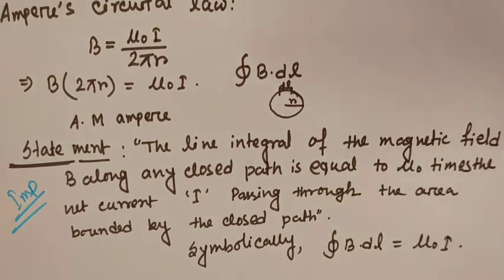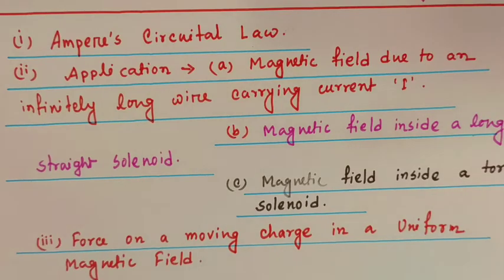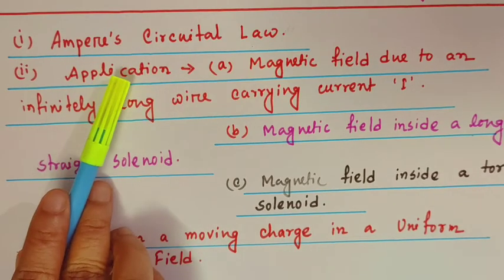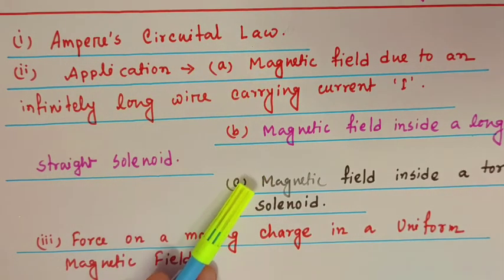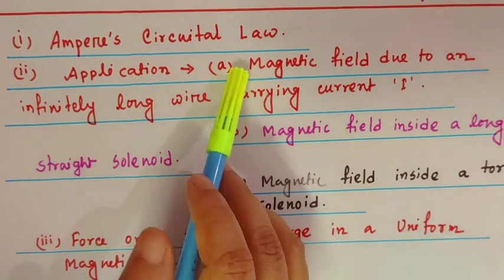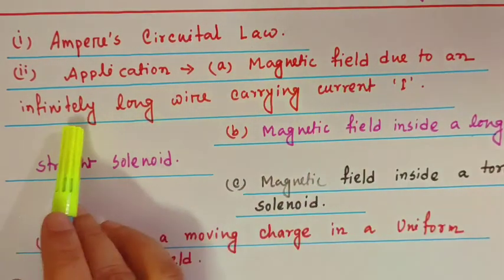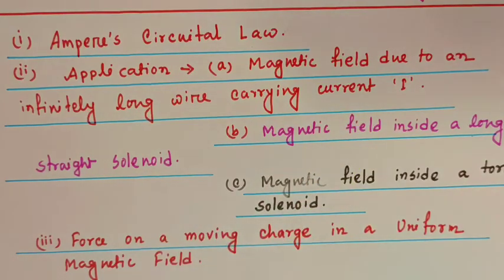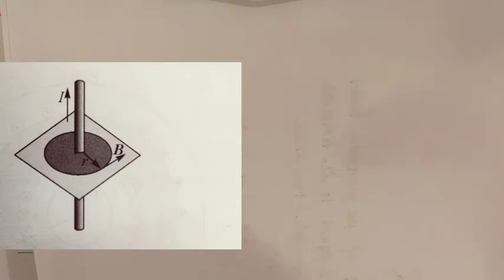Next, move on to the second topic, which is application of Ampere's circuital law, and here 3 cases are there. So first case is magnetic field due to an infinitely long wire carrying current I. As you can see from this figure, to find the magnetic field at a distance r from the wire, we consider an Amperian loop in the form of a circle of radius r centered on the wire as shown in this figure.